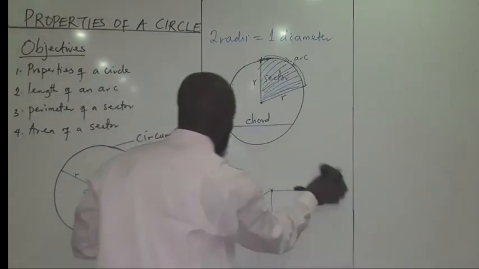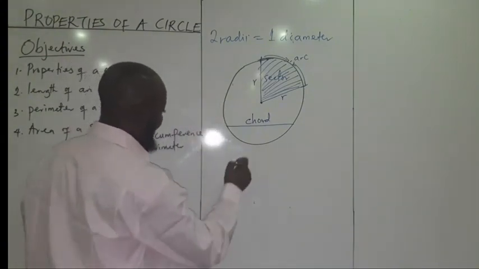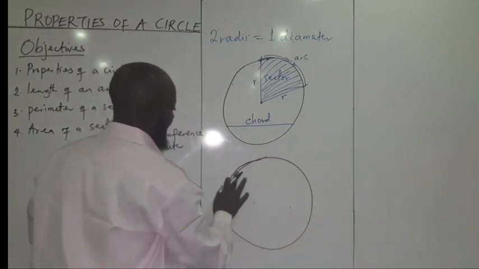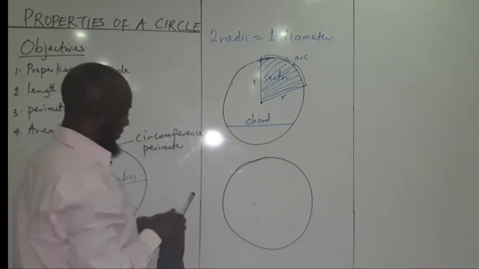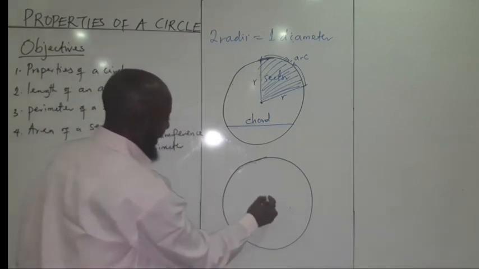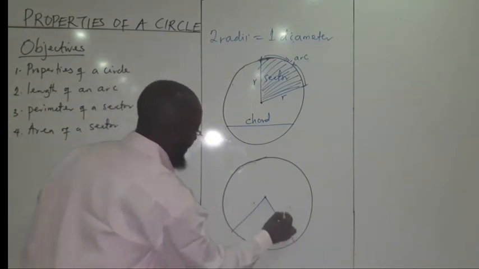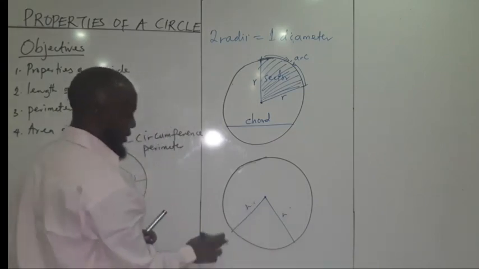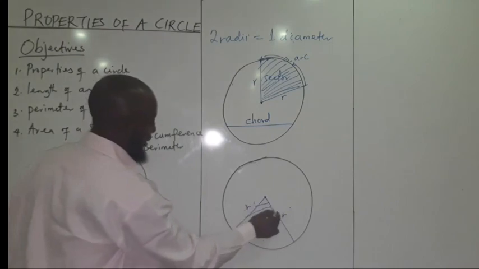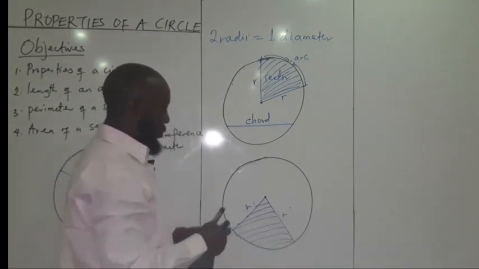Now there's something I want to show you here. Let me draw another circle here again so that you can get it correctly. Alright? So we have the center here. So we have this line and this here. This is a radius. So this is an arc here, right? Now this region here, we have two sectors.